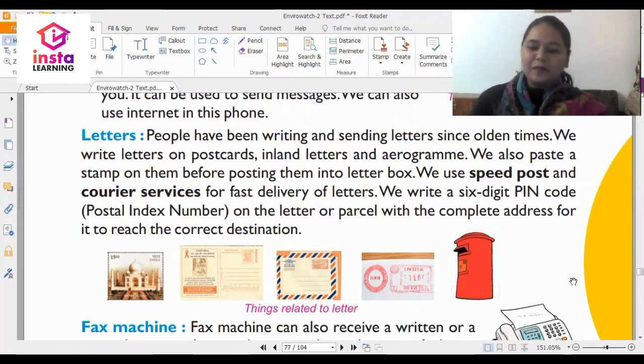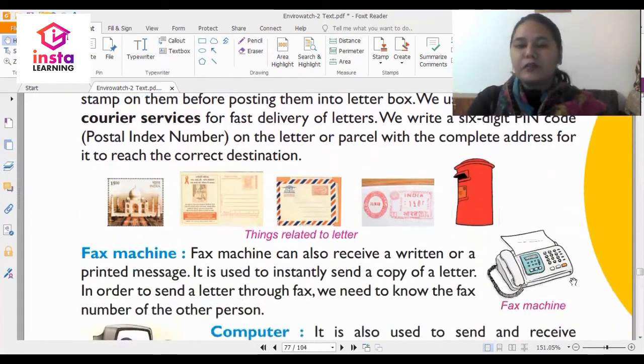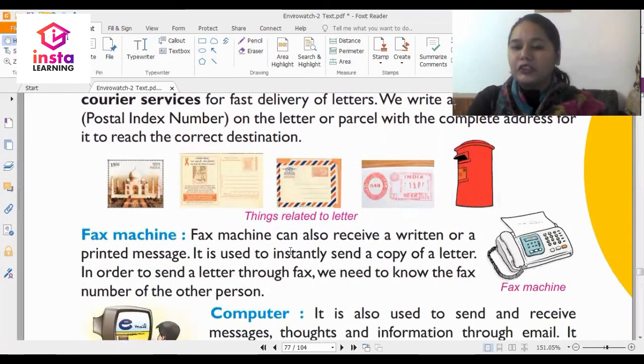All right. So the next means of communication is fax machine. Fax machine can receive a written or a printed message. It is used to instantly send a copy of the letter. In order to send a letter through fax, we need to know the fax number of that person.